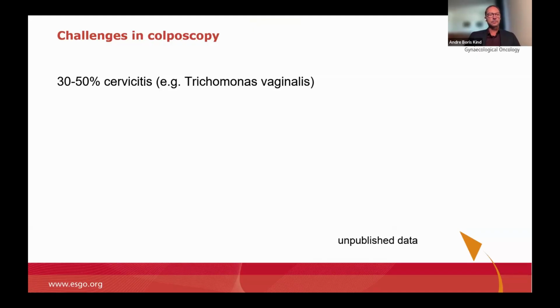An even bigger problem is that up to 50% in our population have a transformation zone type 3. And we learned already from Vesna and Mihaela what this means. It means that we have HPV positive women, of whom we don't know whether they really have a dysplastic lesion.